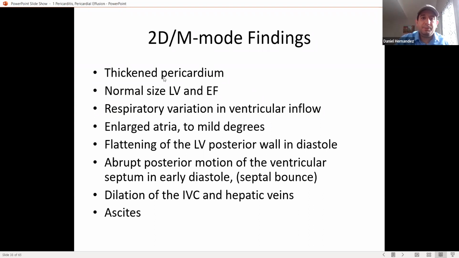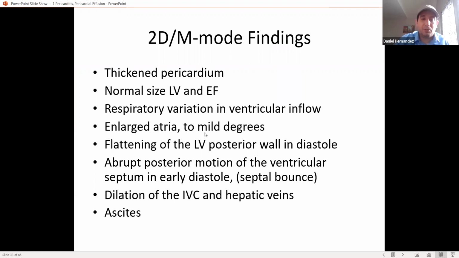So again, our 2D findings, we're going to look for thickened pericardium. With constrictive pericarditis, the left ventricles are typically normal in size. Patients have normal ejection fractions because the heart's able to contract, it's just not able to relax. We're also going to have respiratory variations with our ventricular inflow, so that's going to be our mitral inflow.